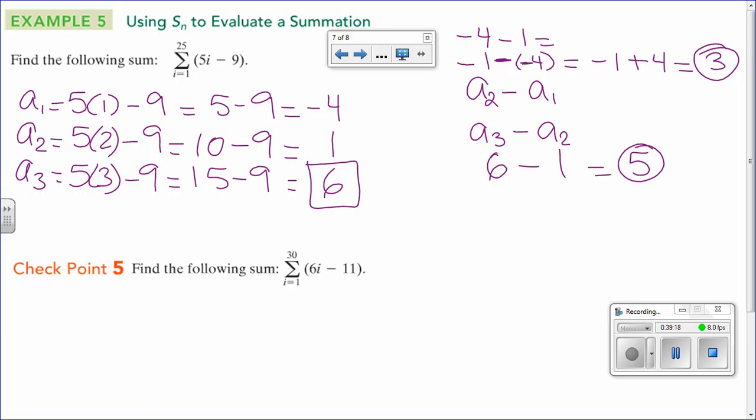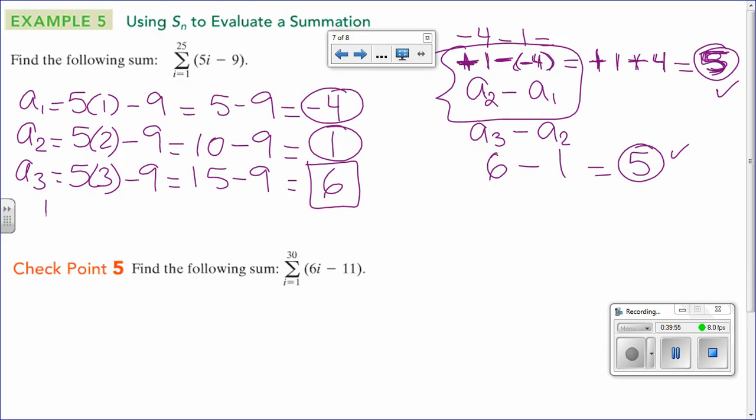Sorry if I confused you, but if you just look at this part, a sub 2 was positive 1, and a sub 1 was negative 4. So positive 1 minus negative 4 is positive 1 plus 4, which gives us 5. So yes, the difference is the same. We're going to say that d is equal to 5.